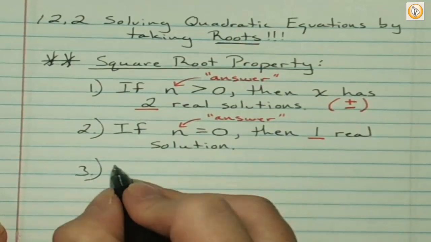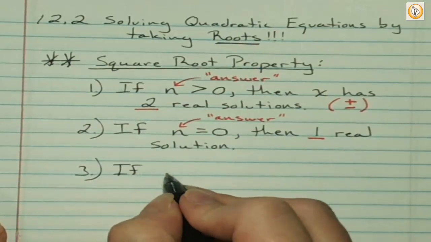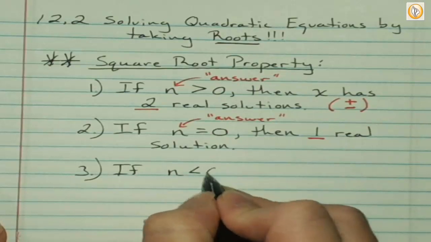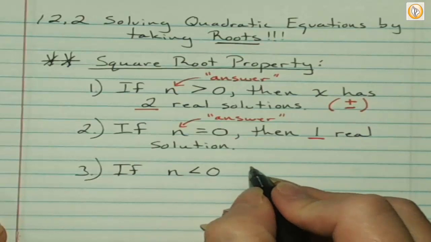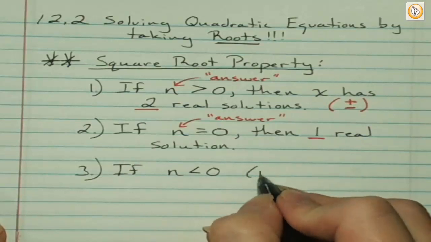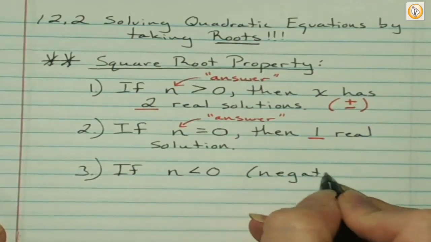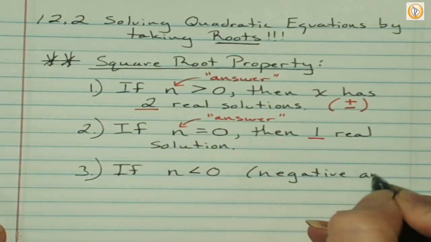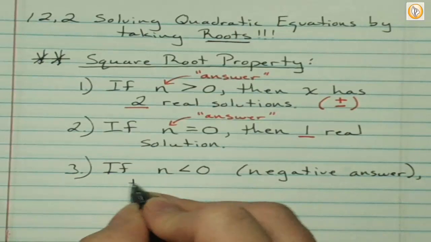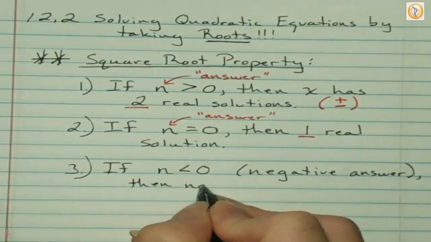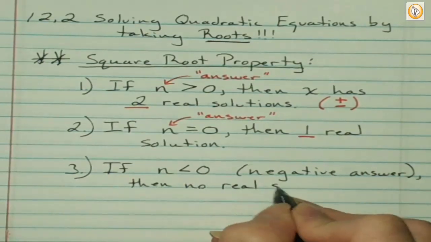And then 3. If n is less than 0, that means there's a negative answer. Then no real solution.